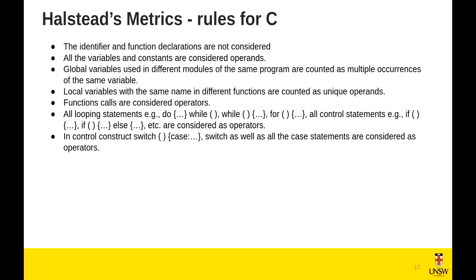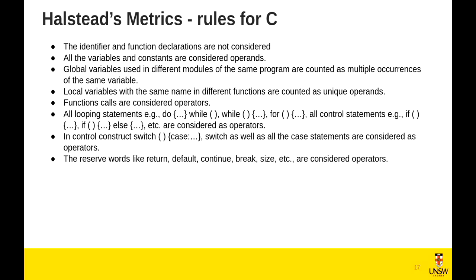And this is how we count switch: the switch and all the case statements are considered as operators. There are also some reserved keywords like return, default, continue, and break, which are considered as operators here. And goto is considered an operator, and the label of goto is considered an operand.